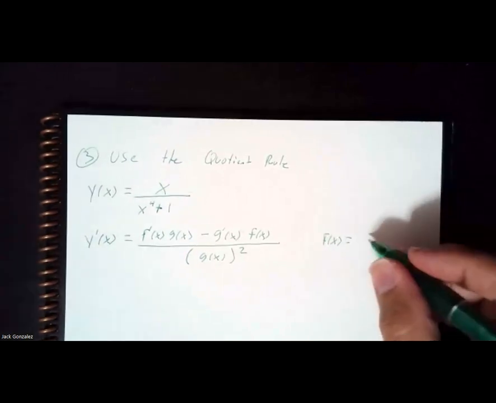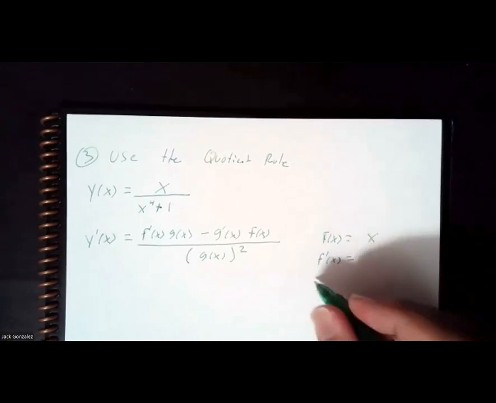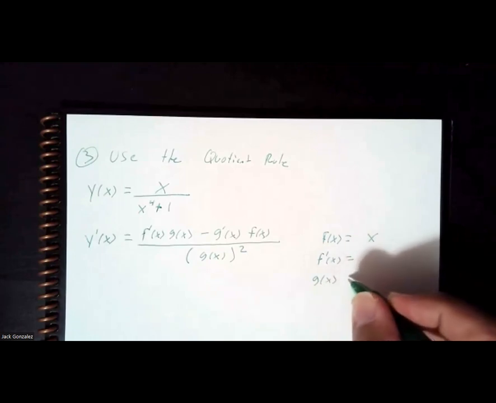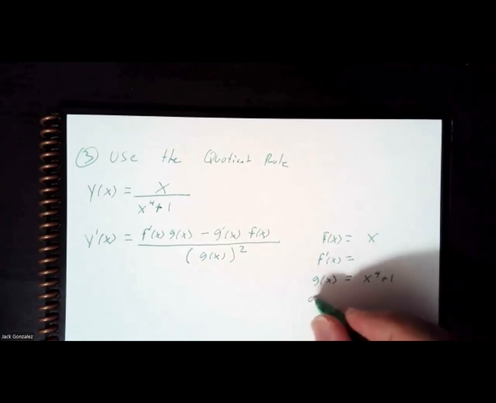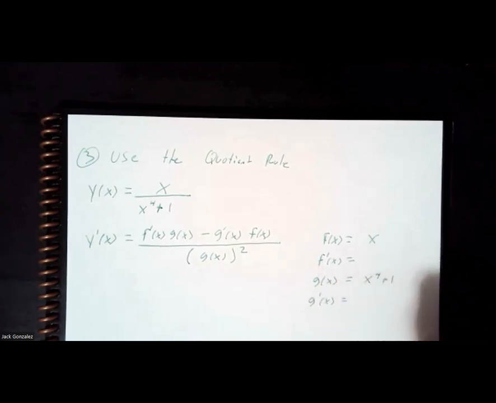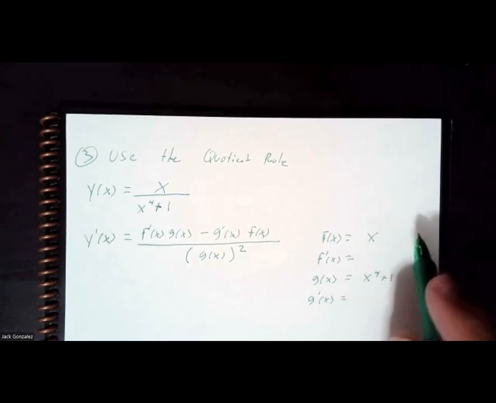All right, F is the top, derivative of F. G is x to the fourth plus 1. G prime of x is equal to the derivative. So what is the derivative of x?